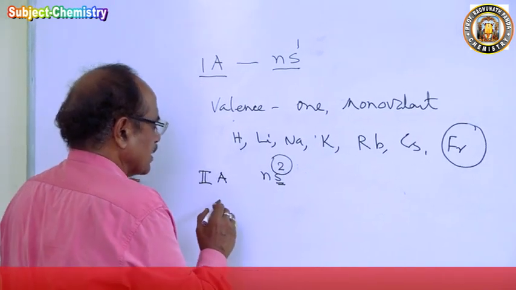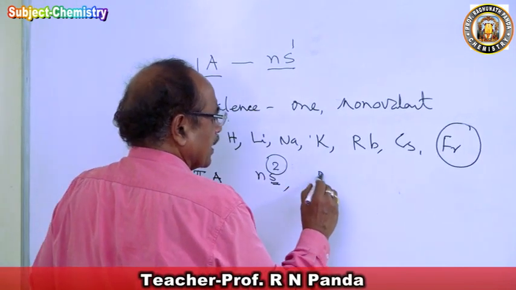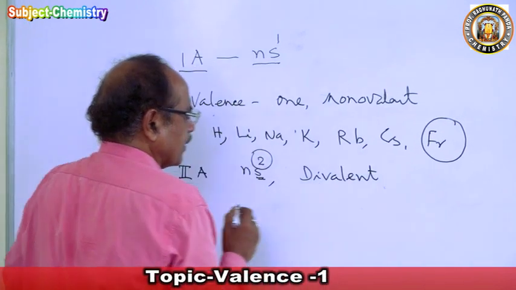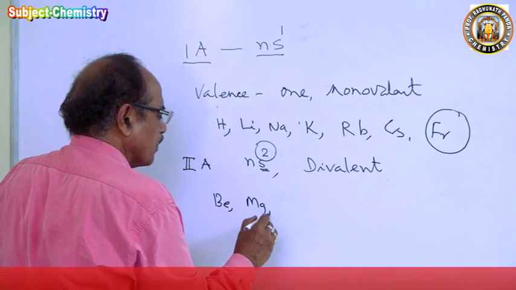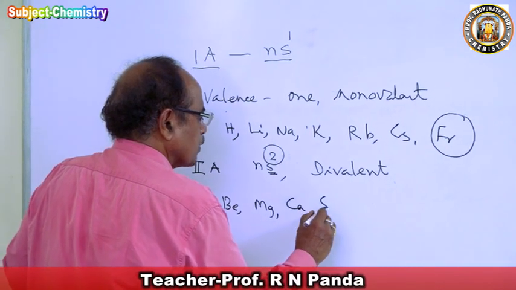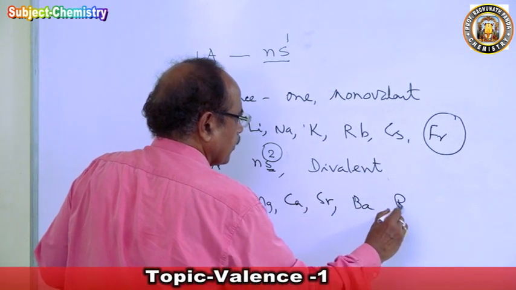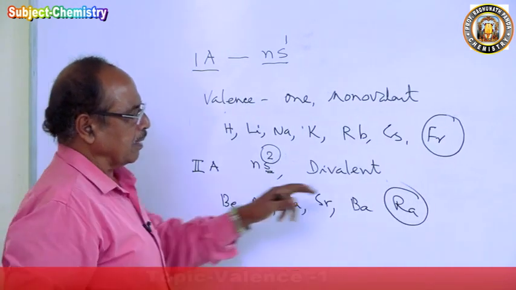So these group 2 elements are divalent. Their valency is 2. Who are the elements? Beryllium, magnesium, calcium, strontium, barium, and radium. Again, radium is a radioactive element.